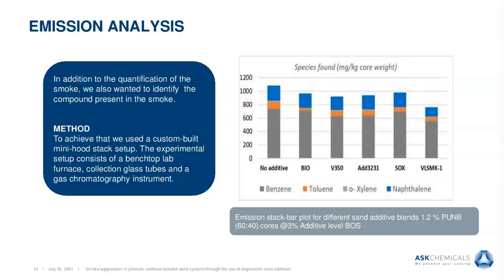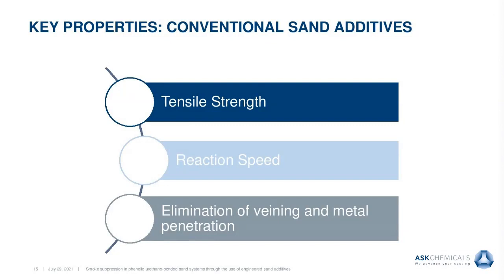So at this point, we had shown we can suppress the smoke, and we can suppress and reduce some of these undesired BTX and naphthalene types of emissions. So we have to answer a different question now.